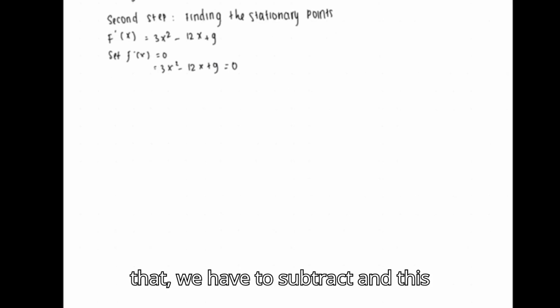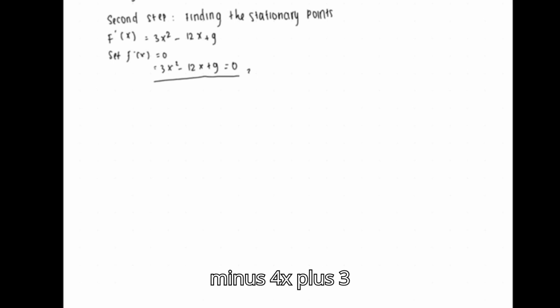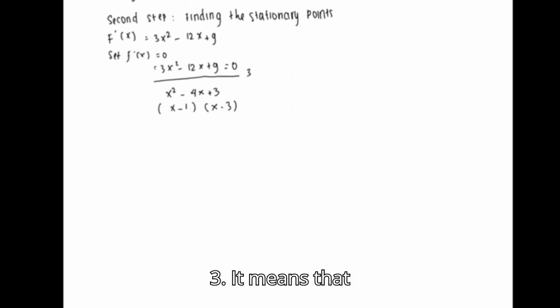After that, we divide, and this simplifies to x squared minus 4x plus 3 equals 0. The factors are x minus 1 and x minus 3. It means that x1 equals 1 and x2 equals 3.